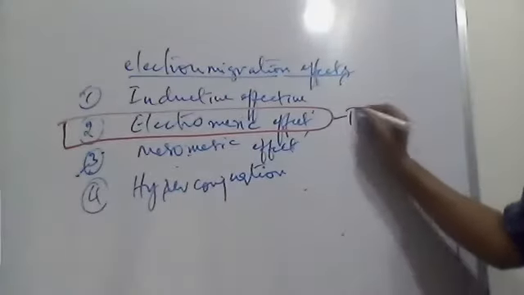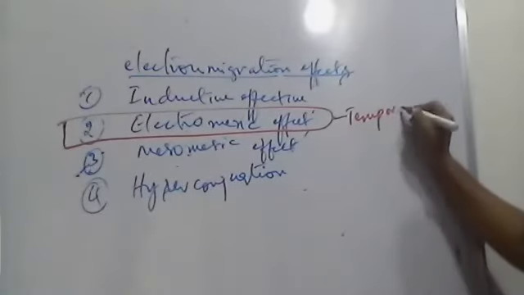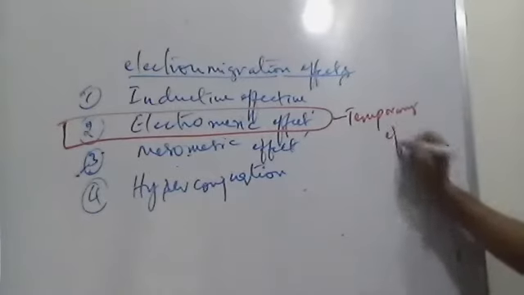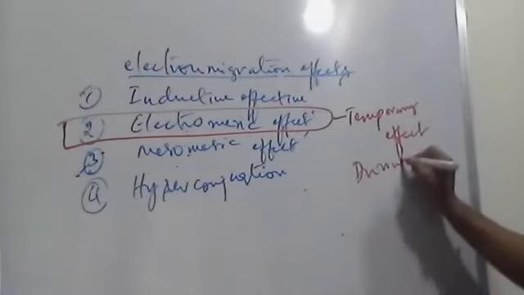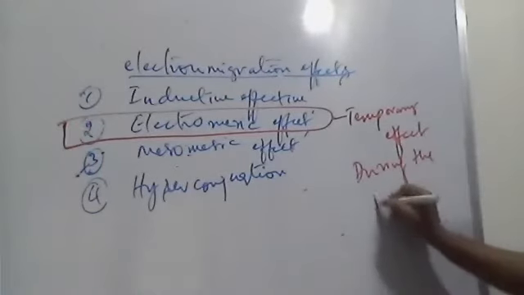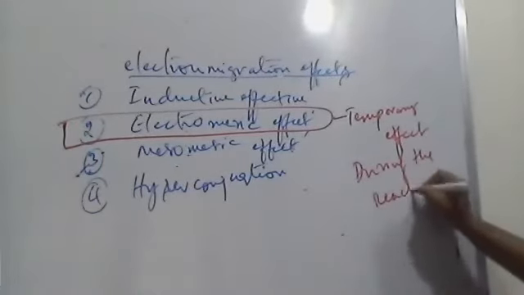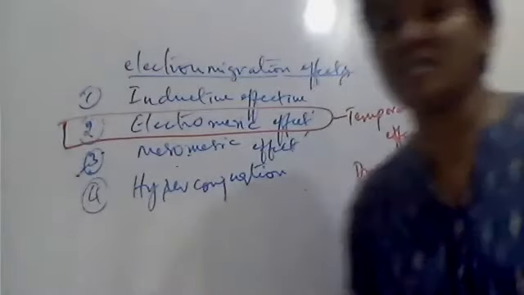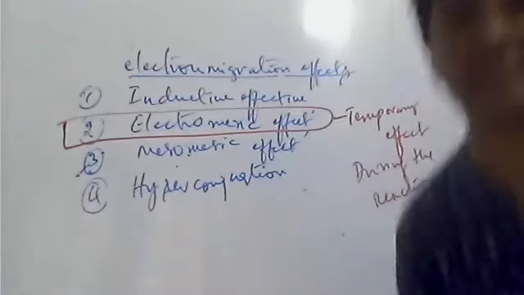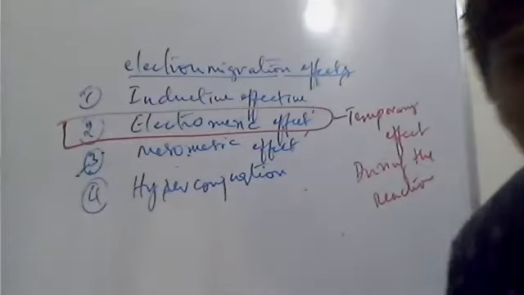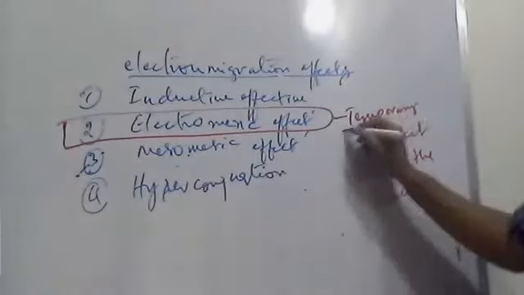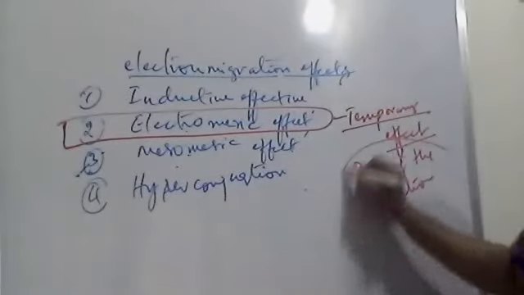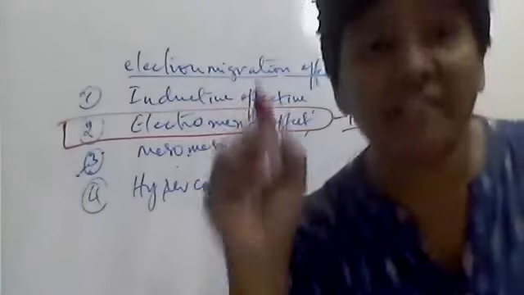This is a temporary effect, only seen during the reaction, in presence of a reagent. Please note this point. Whatever I'm telling is 100% sure. This electromeric effect is temporary, which is only during a reaction in presence of reagent.